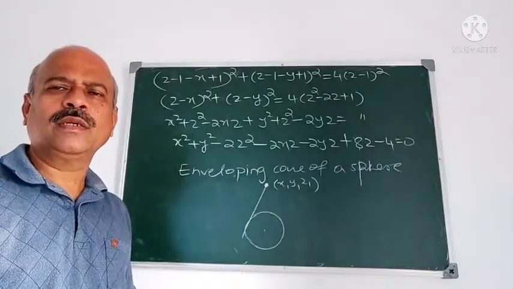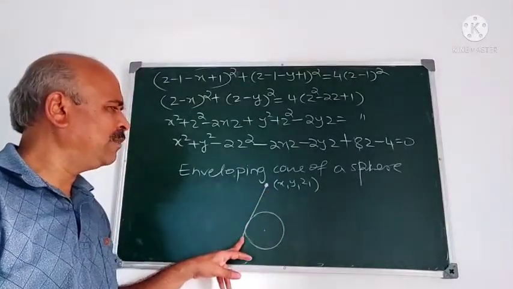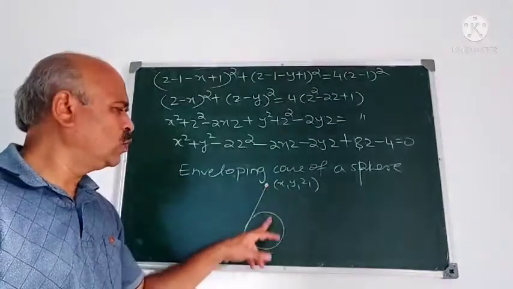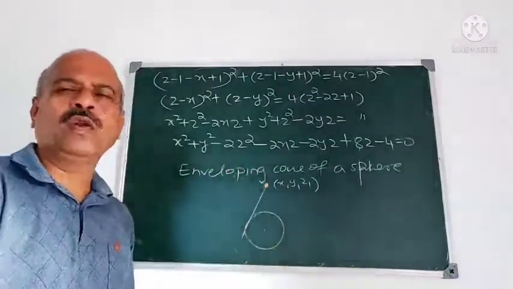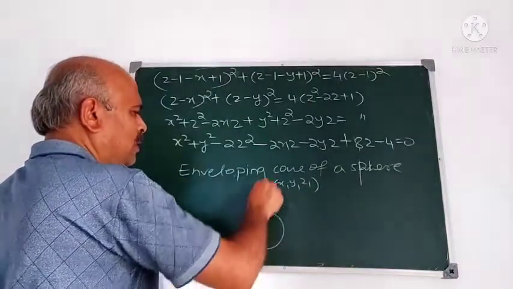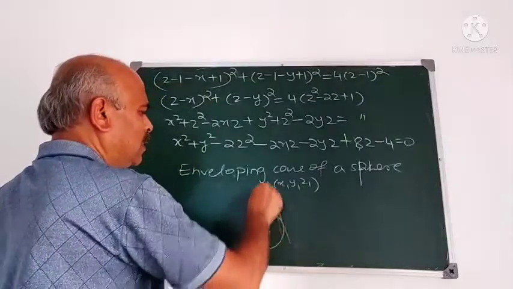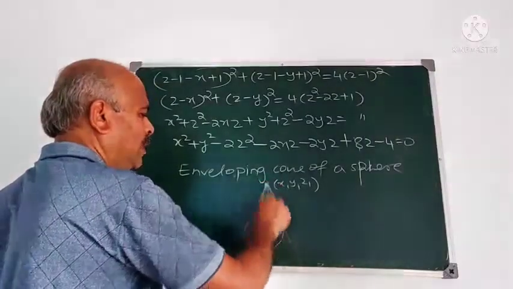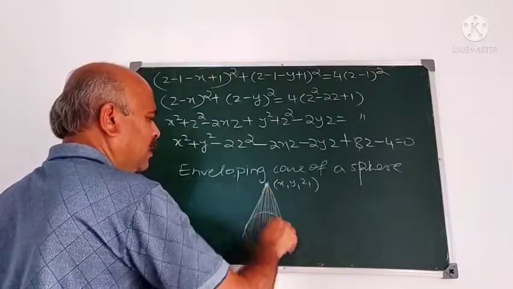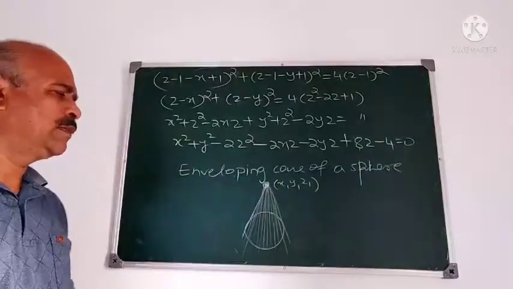Tangent to the sphere. Now, the locus of these tangent lines from a point to the sphere will be a cone. Why is it a cone? Because you have to consider the locus of the lines, but they must be tangent, and all those lines should pass through this point.